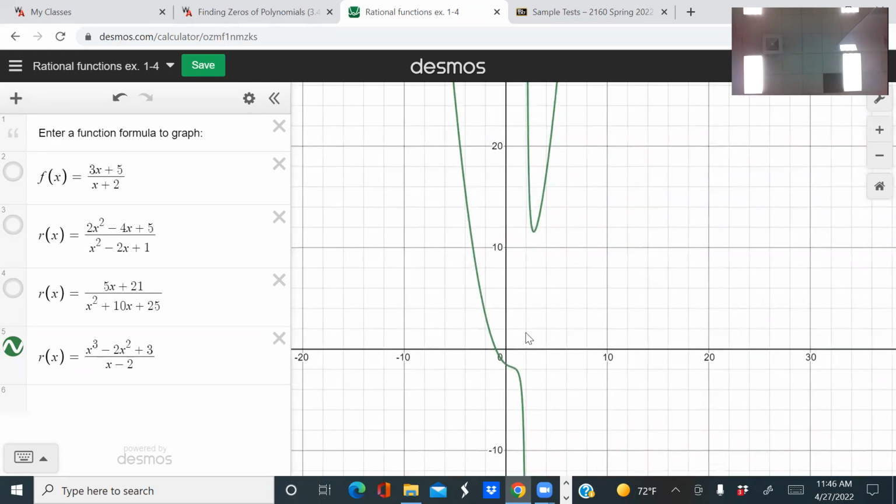Okay, and they're split up by this vertical line, which of course is x equals 2, right? But notice no horizontal, don't see any horizontal asymptotes there, right? Okay, as x gets really large or as y gets really large, this is not approaching a horizontal line, right?